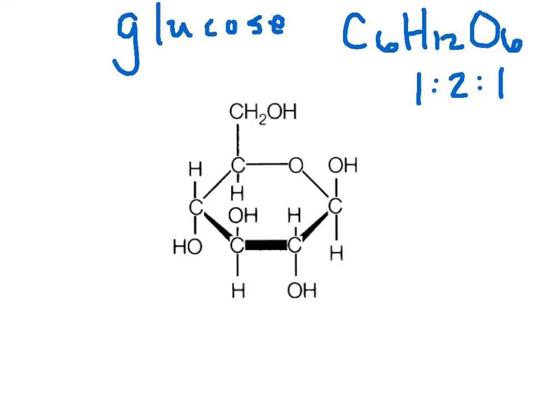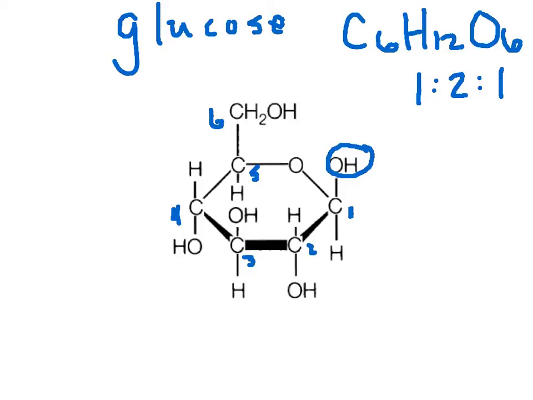When you look at this structure, this is a ring structure, and what we do is we number the carbons off. So we start over here in the corner. This is carbon 1, then 2, 3, 4, 5, and 6. And we can see that there are a couple of different kinds of functional groups in the carbohydrate molecule. There are these hydroxyls.